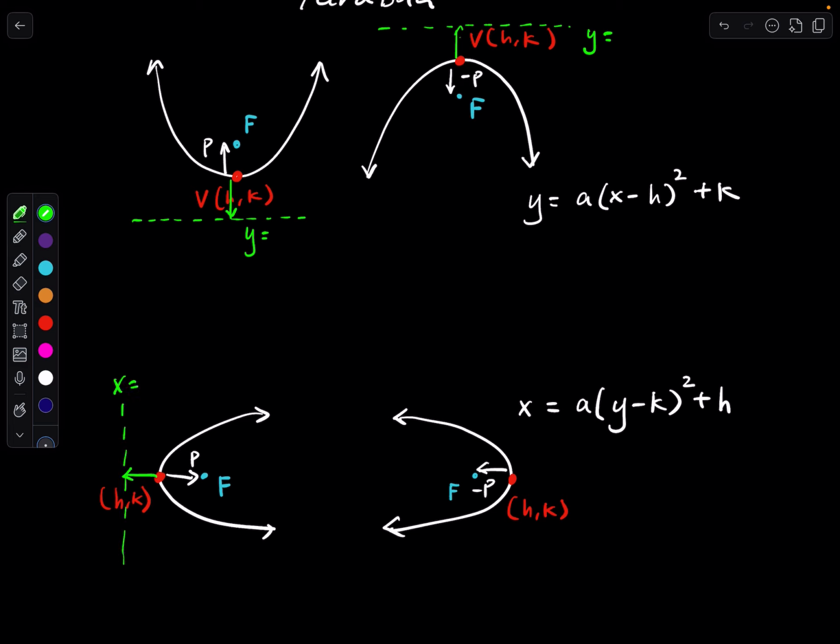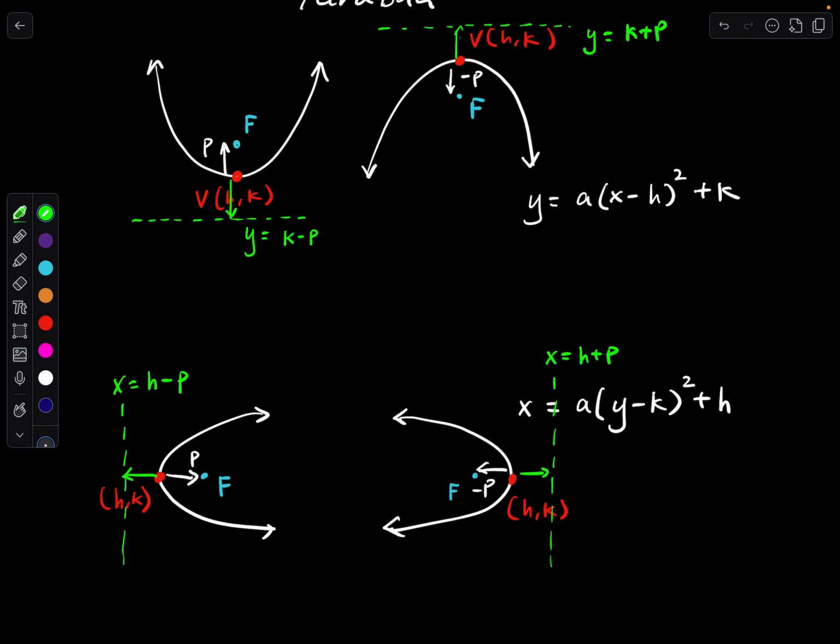As for what these numbers are, imagine this green point right here is below the k, so this will be k minus p. This will be k plus p because it's above it. This one will be x equals h minus p, and this one will be x equals h plus p.